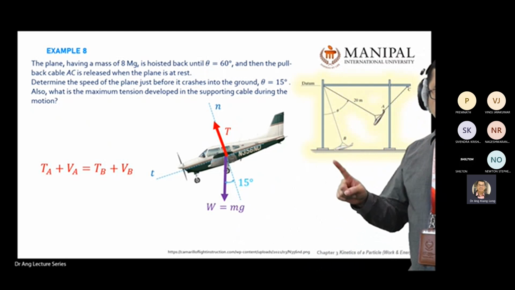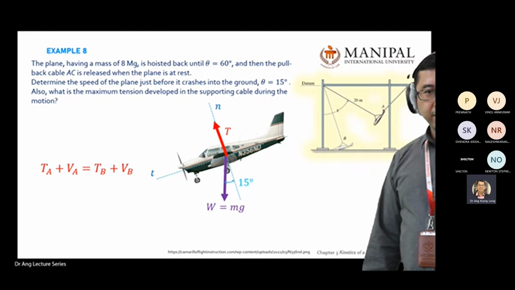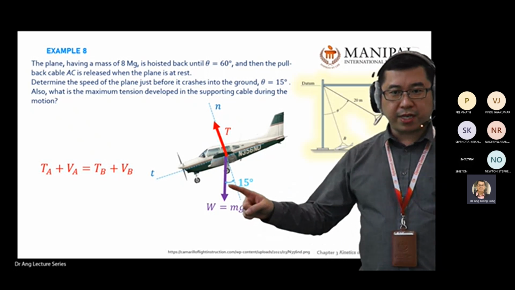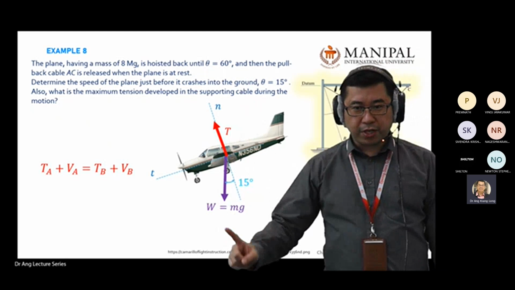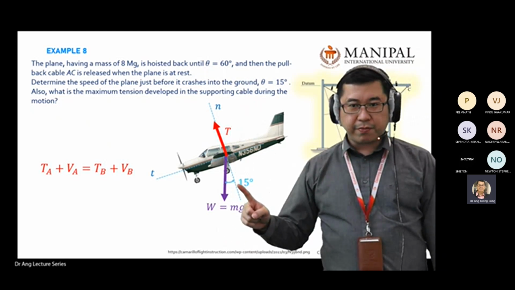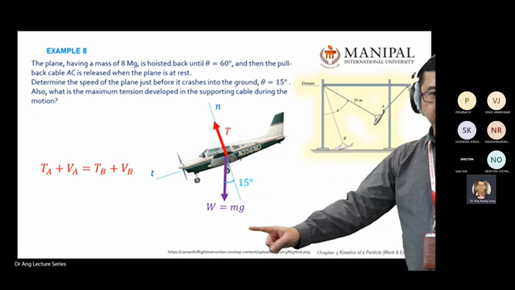When you reach position B, the angle will be 15 degrees if you measure from the vertical plane.